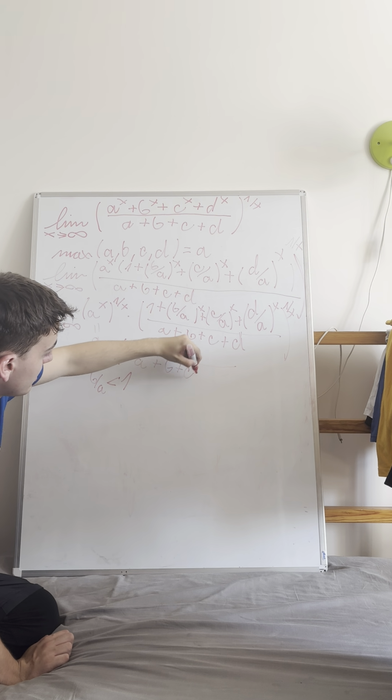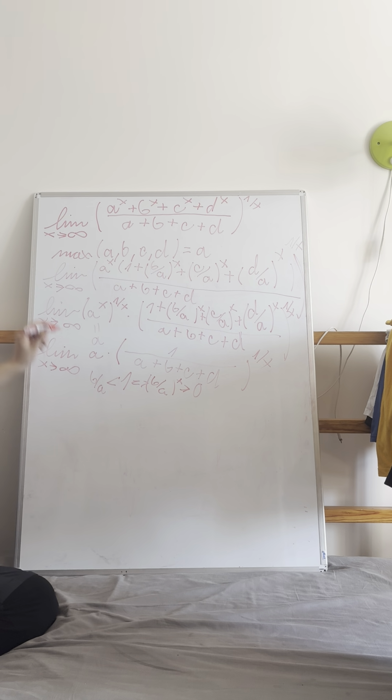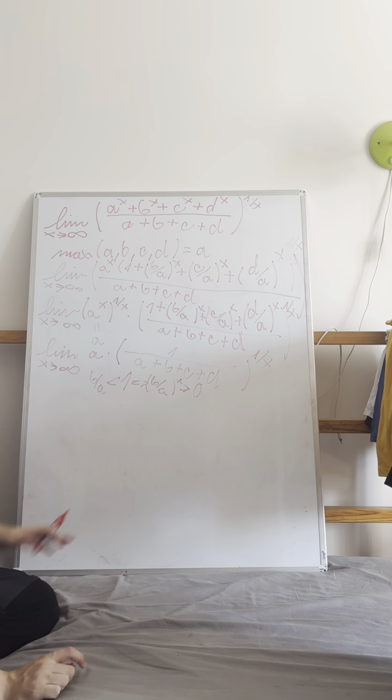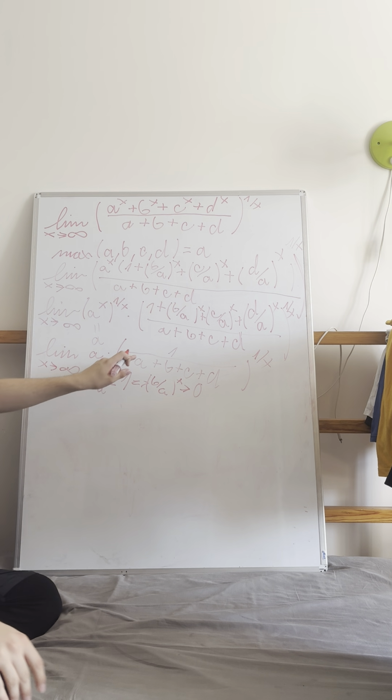Now let me just write it here for you to see. It's gonna tend to 0 because x goes to infinity. So now what we have, because 1 over x is also gonna tend to 0 because x is going to infinity, then 1 over x is gonna be 0 basically, and everything to the power of 0, except if it is 0 itself, is gonna be 1.